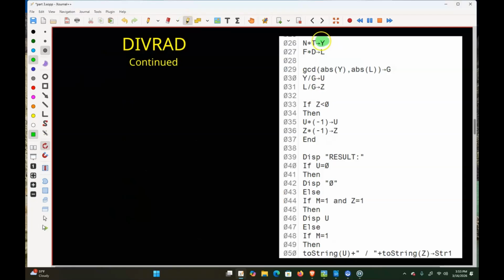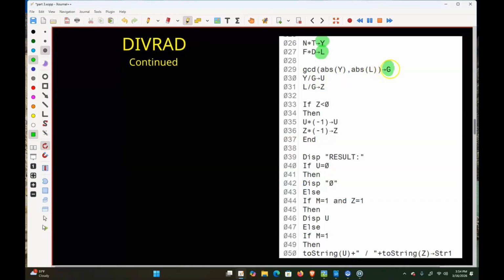All right, so we have y here. Y is going to be the numerator before any reduction. That's going to be our integer. And L is going to be our final denominator. Okay, so final numerator and denominator. We're going to get the greatest common divisor, so we're going to simplify it.